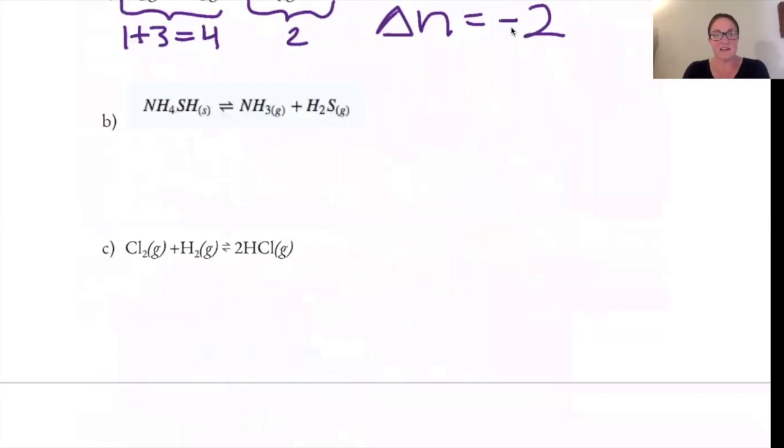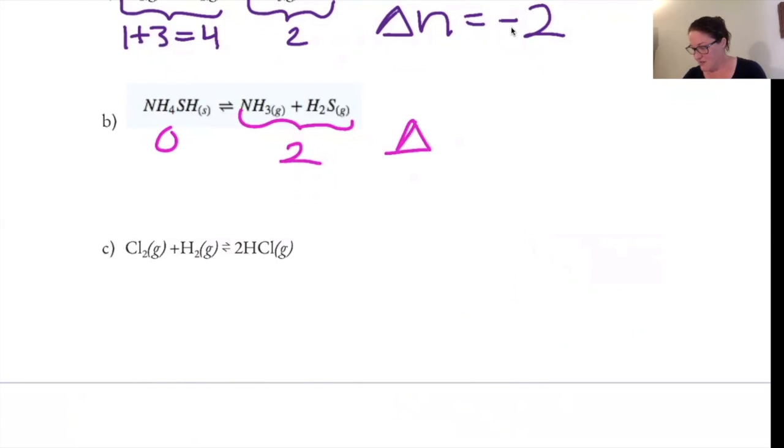Okay, take a look at the second reaction and think what you think it should be. We're going from a solid to a gas and a gas. We have 0 moles of gas over here and a total of 2 moles of gas over here, giving us a delta N of +2.